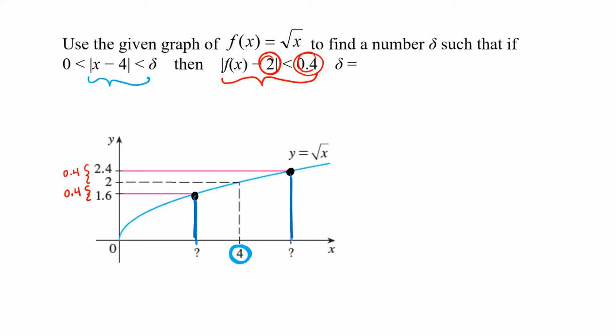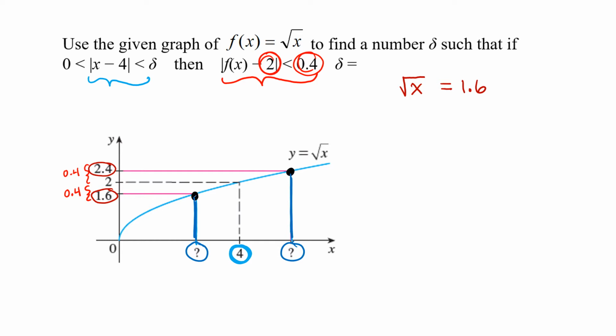So unlike some of the graphs we looked at before, this does not give us the x values. So we have to do a little more thinking here. So 1.6 and 2.4 are both outputs of the function y is equal to the square root of x. So that means we have that the square root of x is equal to 1.6.